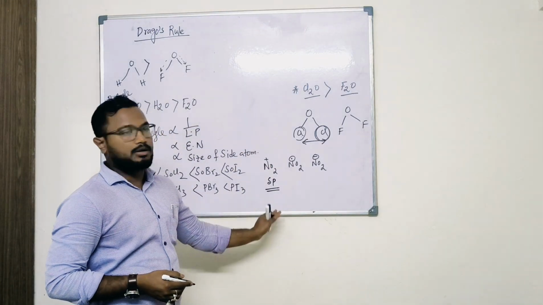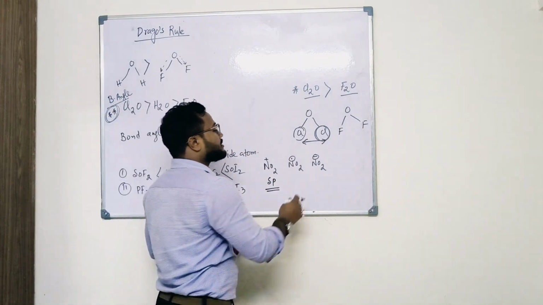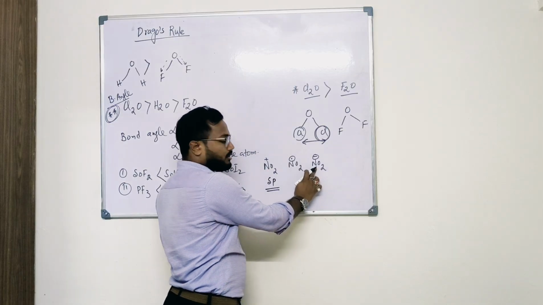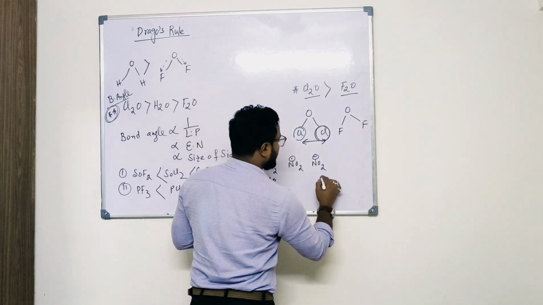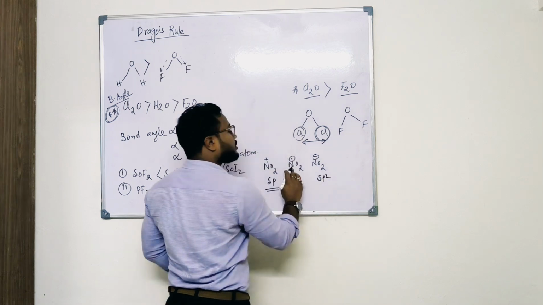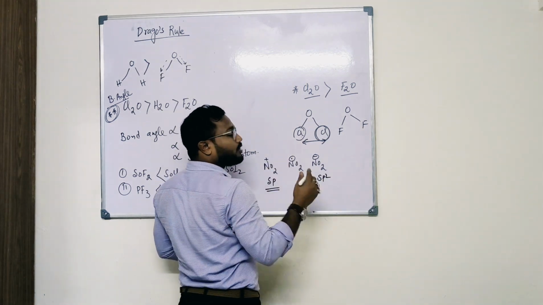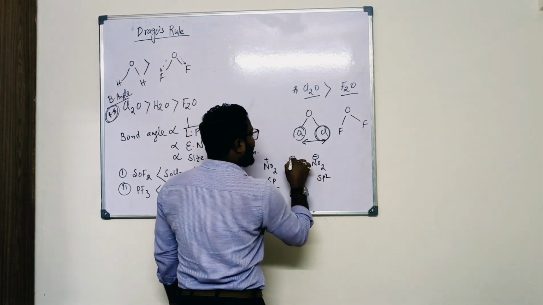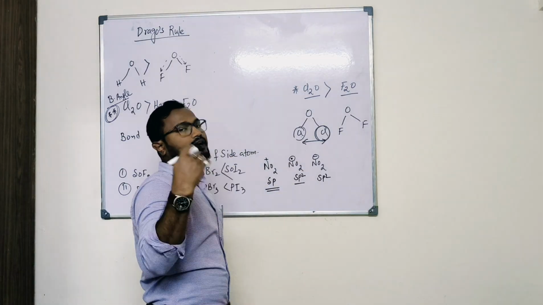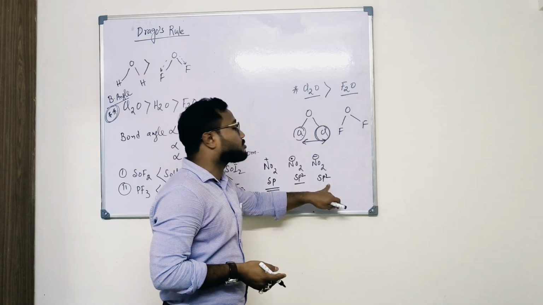So it is not comparable with the other two. In NO2 minus, nitrogen 5 plus 1, 6, 6 by 2, this is sp2. NO2 dot is 5 by 2, its hybridization is also considered near about 6 by 2. When one single electron is there, we take one more. So this is also sp2.